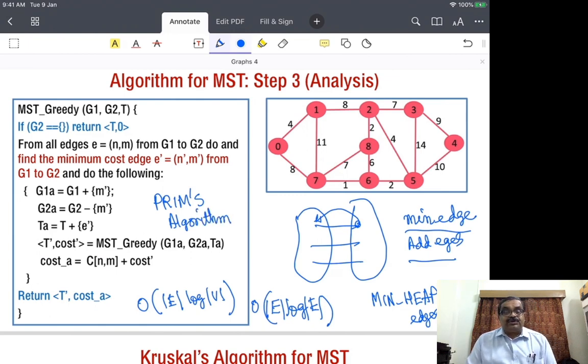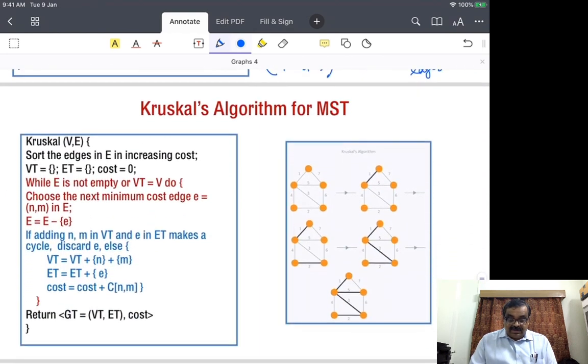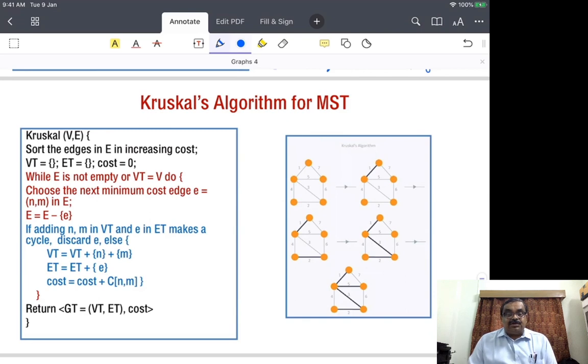Though Prim was not the first to find out this algorithm. This algorithm was found out at least 20-30 years before Prim by other people. But in the literature today, it is very famously known as Prim's algorithm.